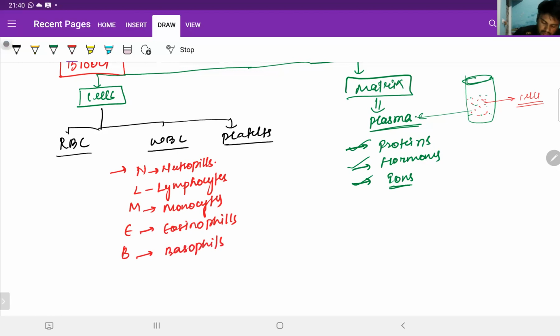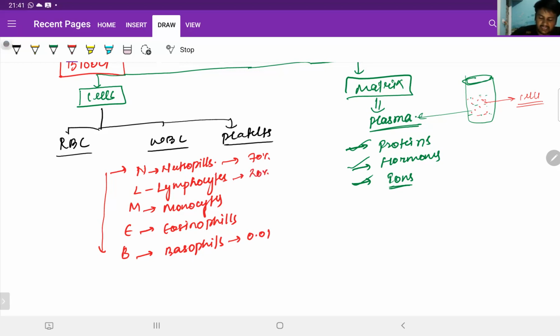This sequence is as per the amount of these cells present. Nearly 70% are neutrophils, and basophils constitute 0.01%. Lymphocytes are maybe about 20% or so.